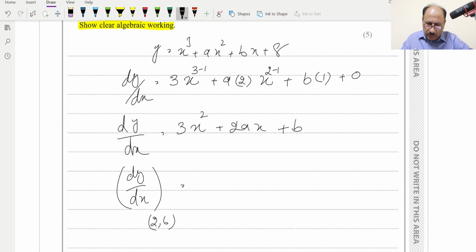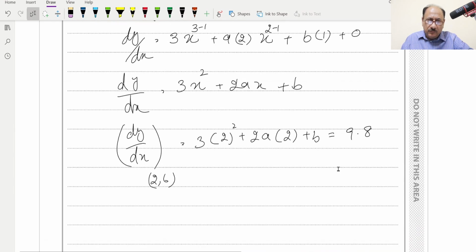This will be equal to, x value will be replaced by 2, so it will be 3 into 2 squared plus 2a into 2 plus b, and this one is equal to 9.8.